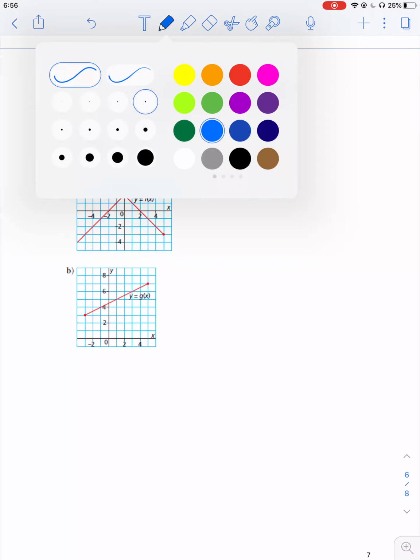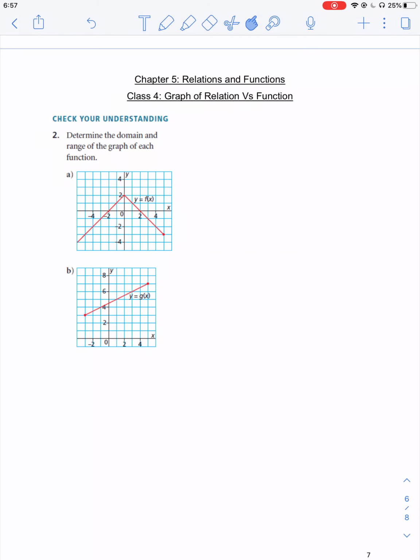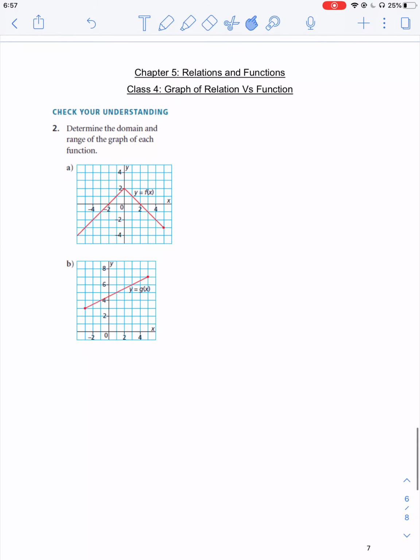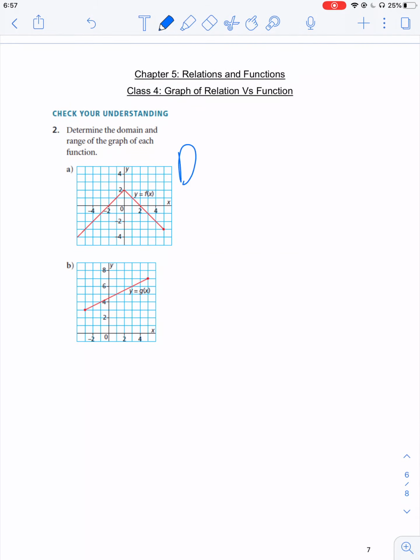It's a nice idea to practice on your own. So domain. I'm just going to put D for domain. Domain always has to do with x. Is there a minimum x value and a maximum x value? Look, this is my maximum x value, because my function doesn't go beyond this point.